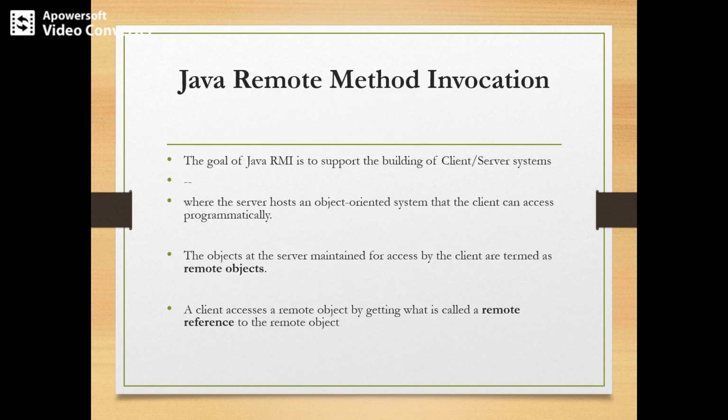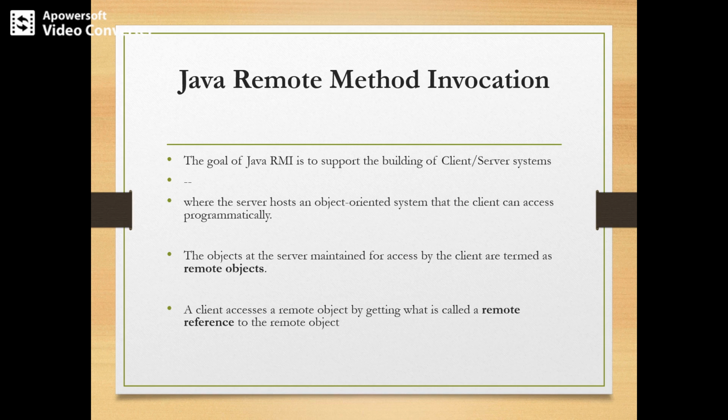Now we are going to discuss Java Remote Method Invocation, RMI. Our goal in Java RMI is to support the building of client-server systems where the server hosts an object-oriented system that clients can access programmatically.